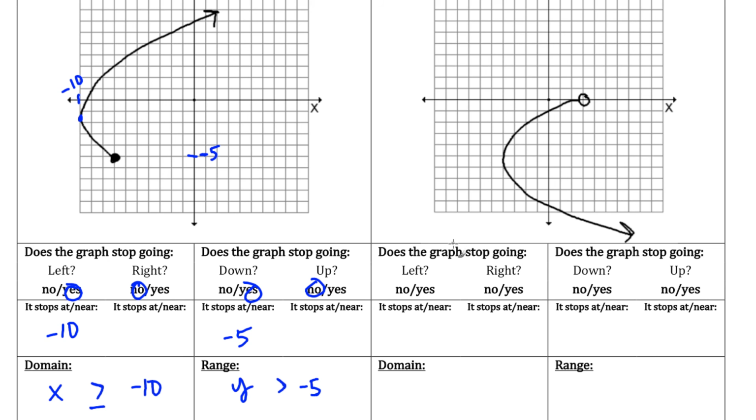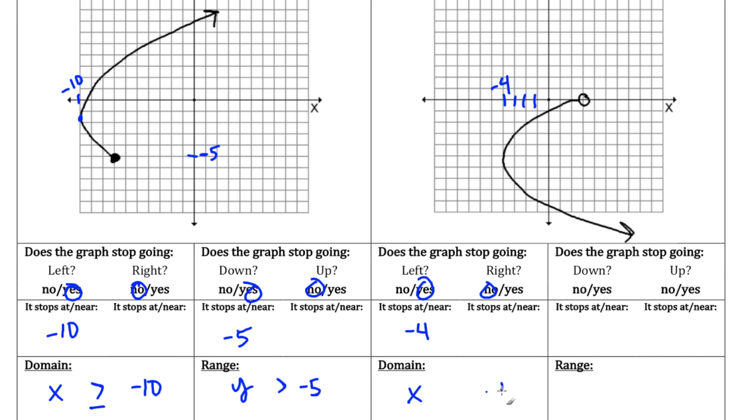And our last one. Does the graph stop going left? It does stop going left at -1, 2, 3, 4. And then it keeps going forever, right? So there is no limitation there.